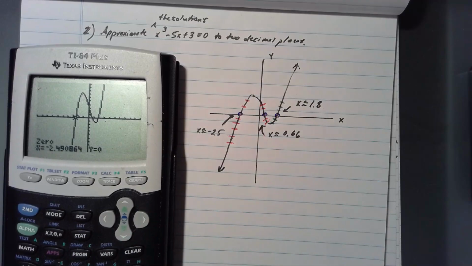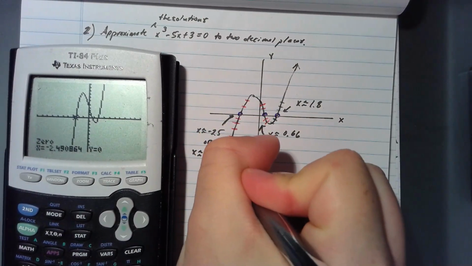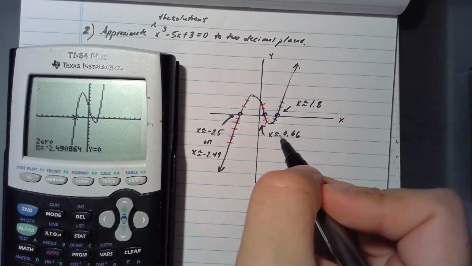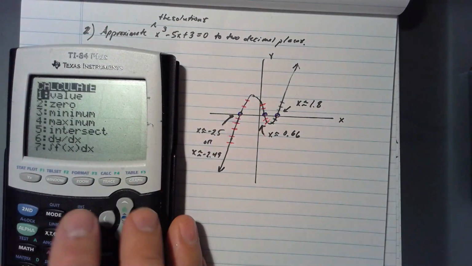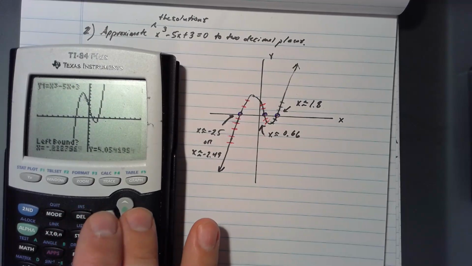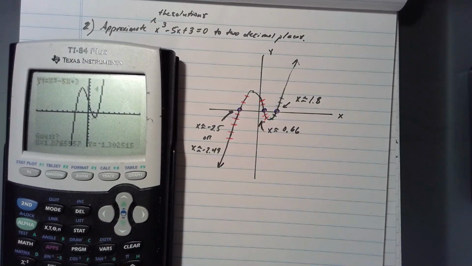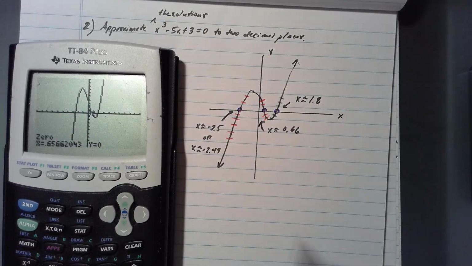So negative 2.49, that's fine. If I want to do this one again, left bound, right bound, 6.5.